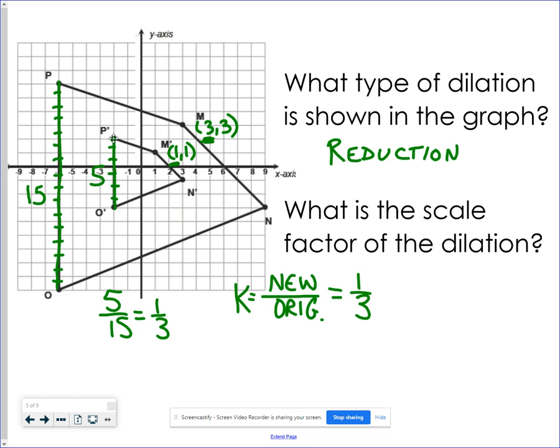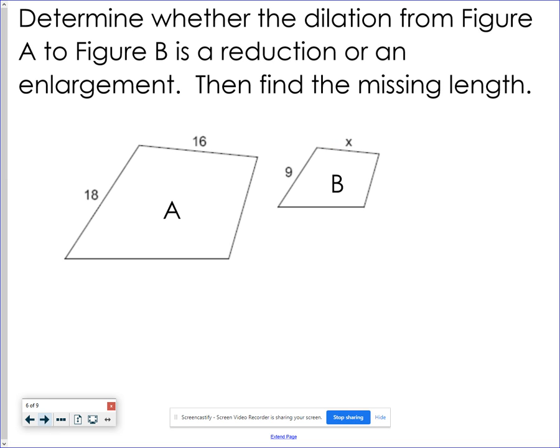Just make sure you're always putting the new value, X value, Y value, or length on the top, and then the original goes in the denominator. And again, a scale factor of 1/3 makes sense for a reduction. It had to be less than 1. You don't have any problems like this exactly on your worksheet, but I think that this is a valuable thing to be looking at.